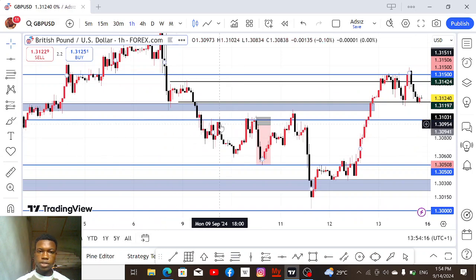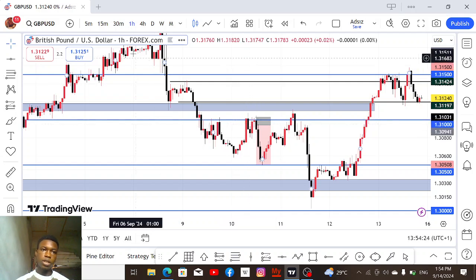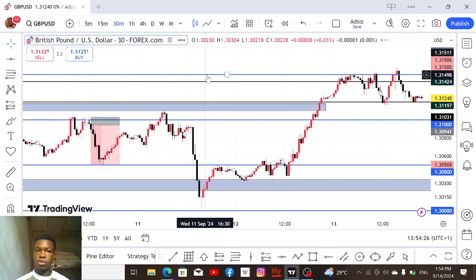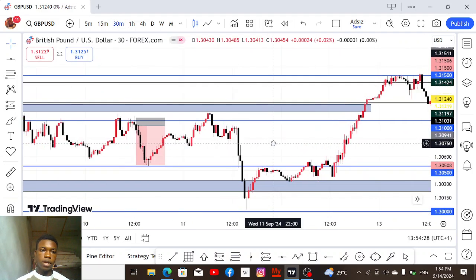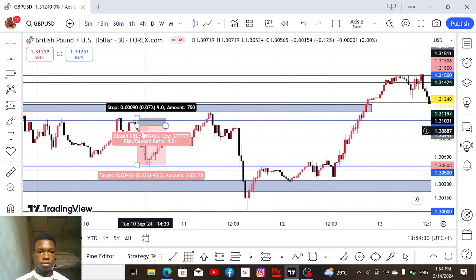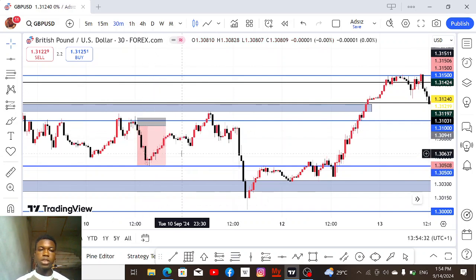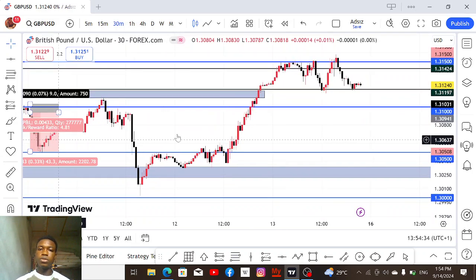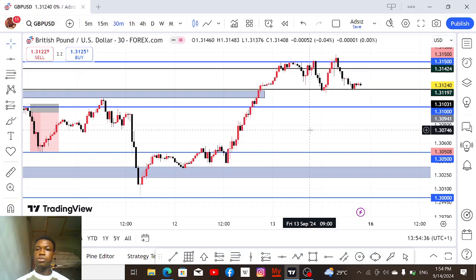This was a retest one time and a pull down. Then the second time it retested again, giving us a double top, which is equal highs, and it's a sign of reversal always. So I entered from here. That was how we hit TP straight. That was the only trade I took on GBP USD.